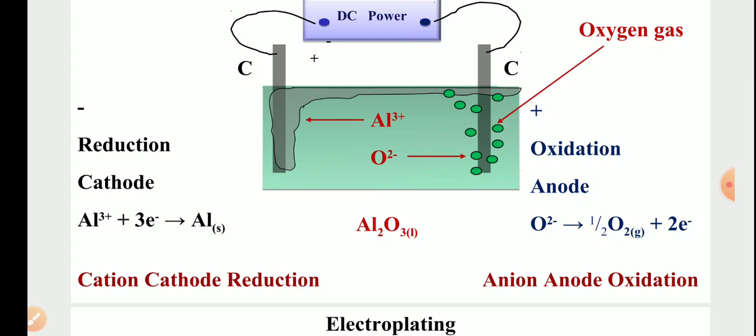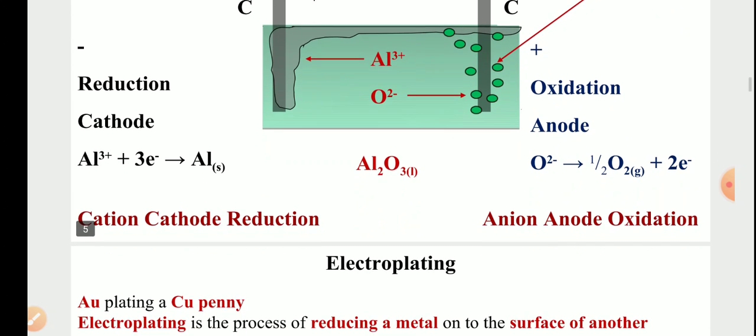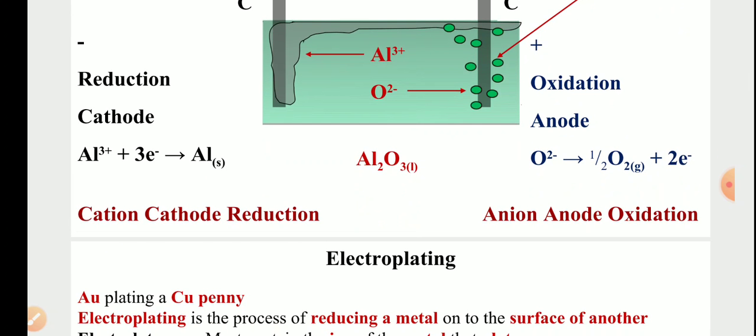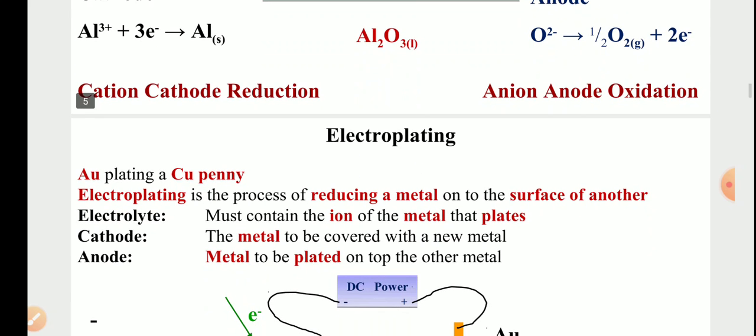So in the cathode we will get aluminium, and in the anode we will get oxygen. So yes student, it is possible to get metal, or extraction of the metal is possible by means of electrolysis.